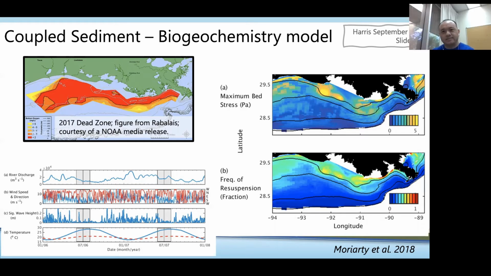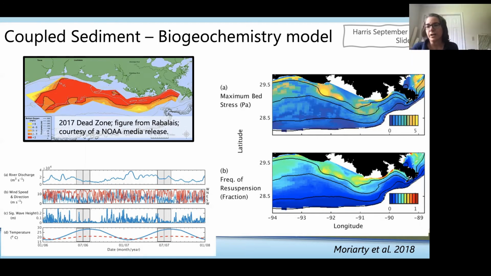Yes. So those processes are included in the hydrodynamic model, to the extent that the hydrodynamic model can reproduce the heating in the surface layers and the salinity stratification from the river plume.